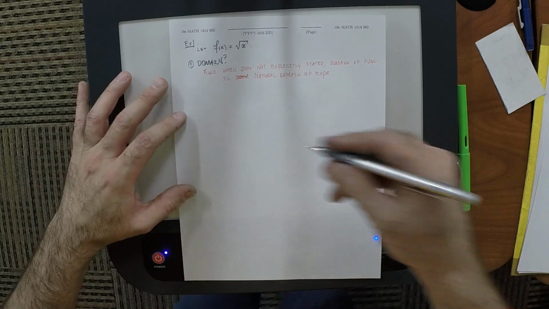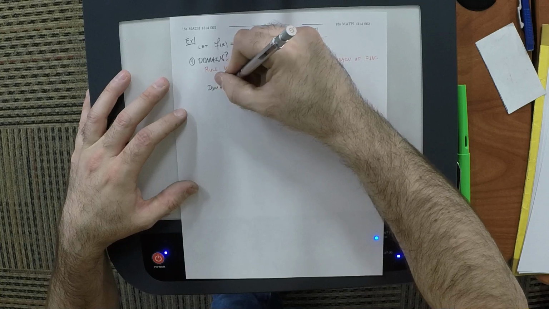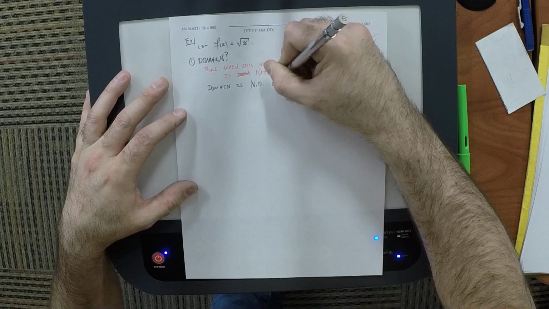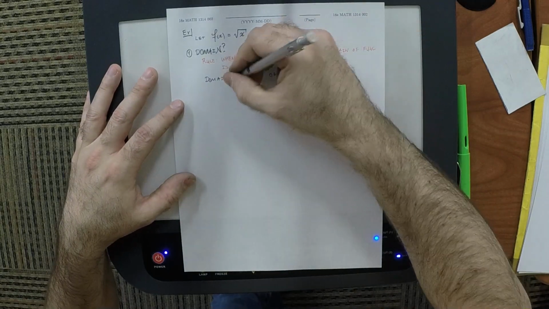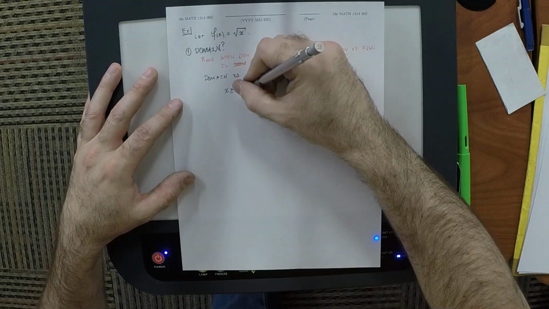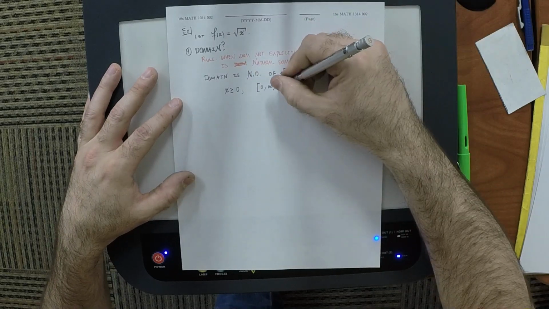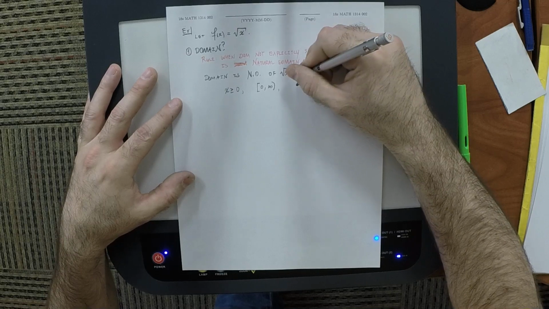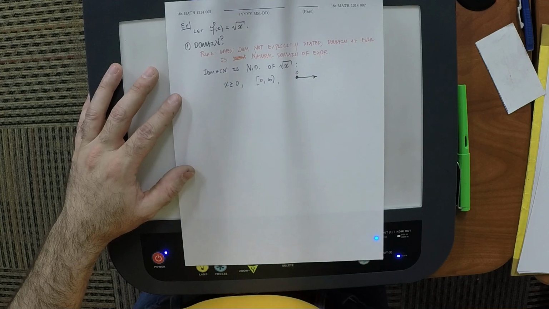But we didn't say it, so the domain for this function is the natural domain of the square root of x, which is x greater than or equal to 0, written as an interval, that's 0 to infinity, and written as a plot like so. Okay.